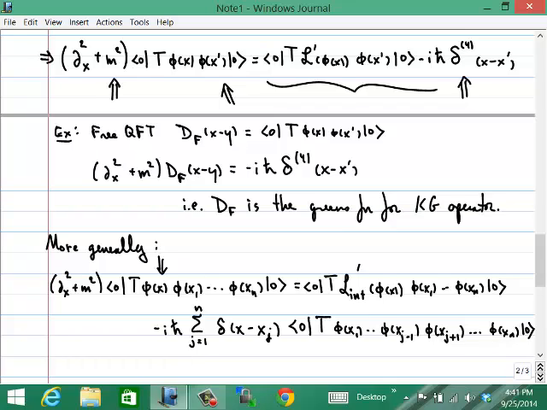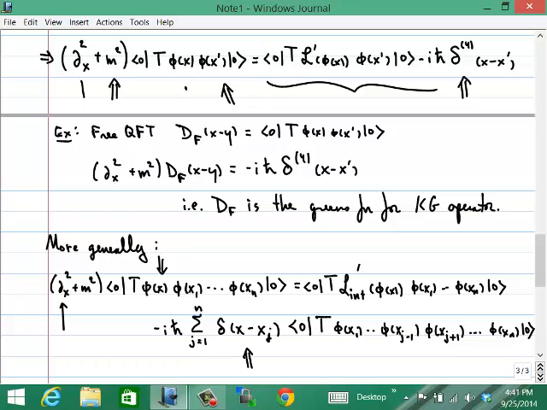Right? Because you have a d by dt derivative here, and so you need to worry about all the theta functions with t equal to t1, t2, t3, and so forth, which give you these delta functions down here.